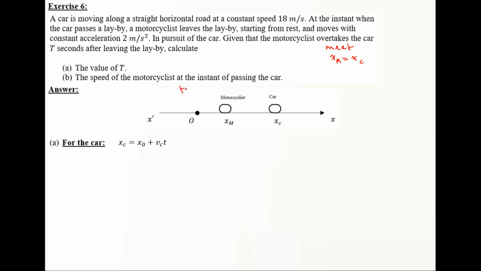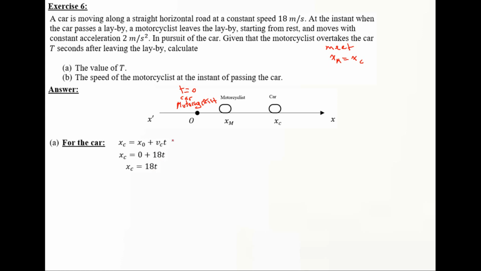So let me say that this is t0. The car was here, as well as the motorcyclist. That would be the initial instant of time, which means the initial position of both the motorcyclist and the car, which will coincide with the origin. Then in this case, the initial position is 0, and the velocity of the car is given by 18.